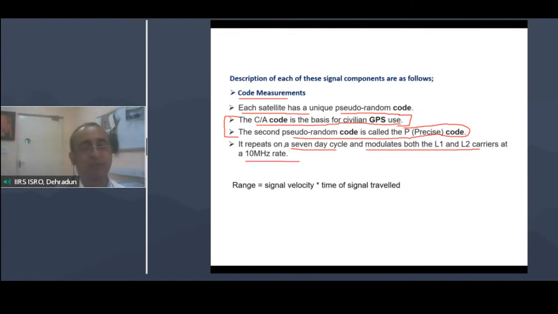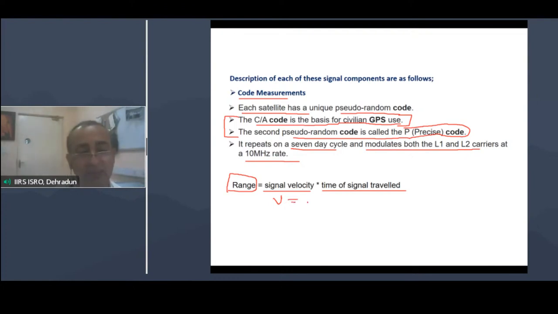Now, how do we do measurements? We calculate the range, the direct distance from a satellite to the ground point where we are doing measurements. That range is calculated through the signal velocity, V, the velocity of light, multiplied by the time the signal traveled from the satellite to the ground.